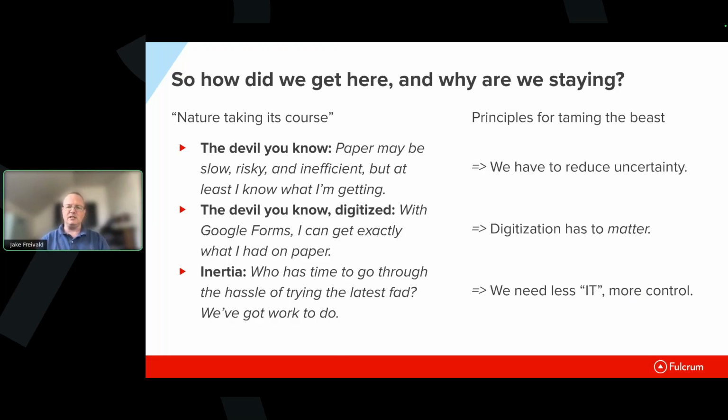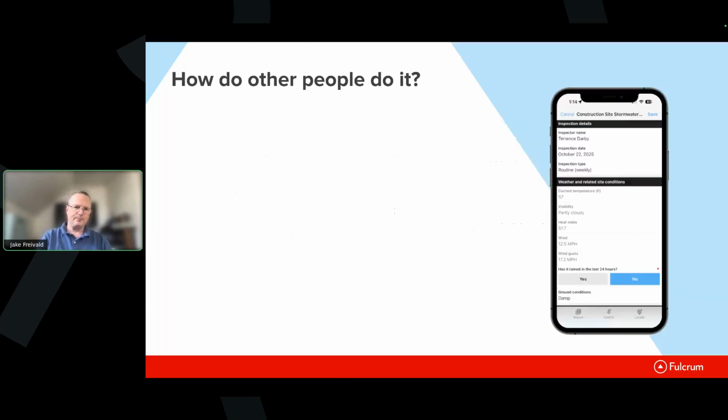The field team needs to be able to control its own stuff. And I'll talk a little bit more about what that looks like in the near future. But the bottom line is the field can't feel like they're going through a fad. The field needs to feel like they are doing things right now, and they have control over things right now that are going to make their lives better. So that's what we need to do in order to help tame that beast.